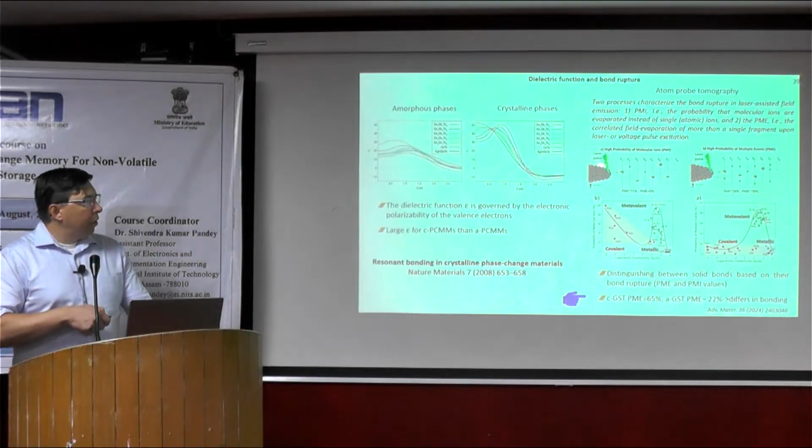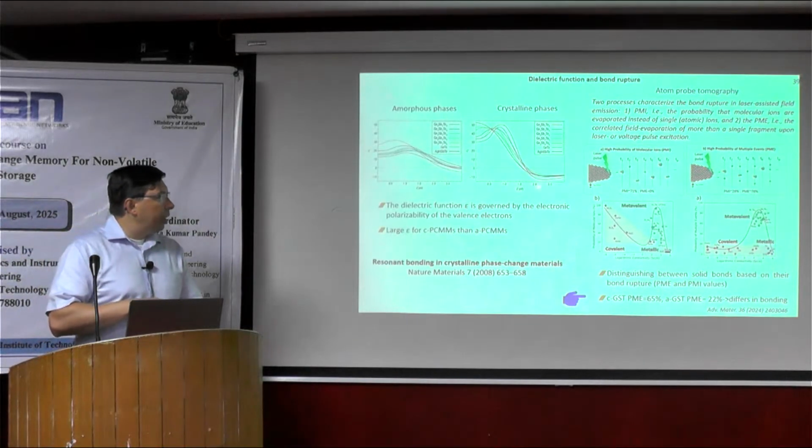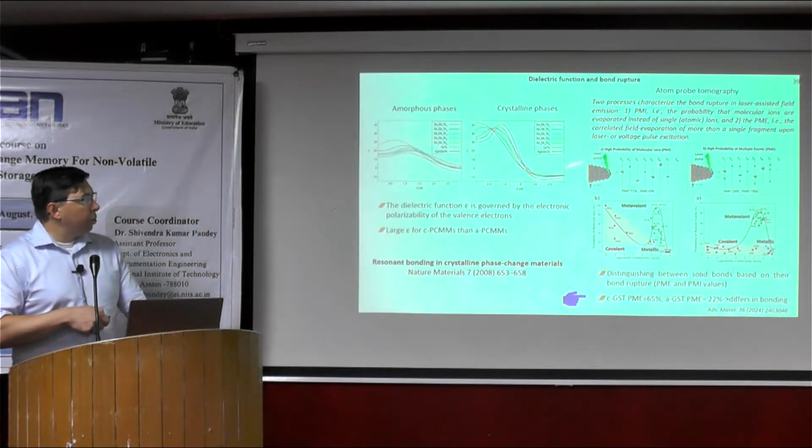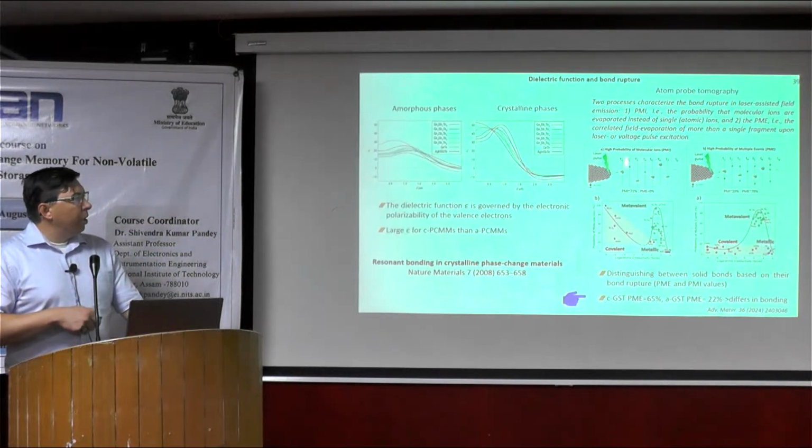You have a very sharp tip made by FIB from your substance, like phase change materials, and then you apply a laser pulse and some current to heat it a little bit, and you can extract atoms from this sharp tip, which go to a special detector.